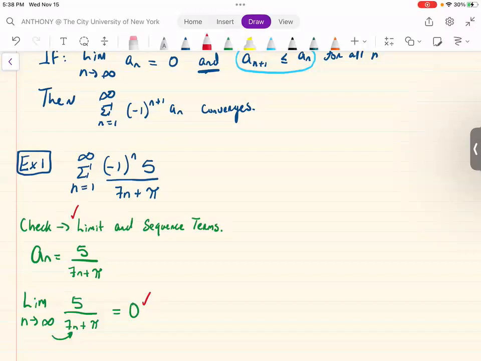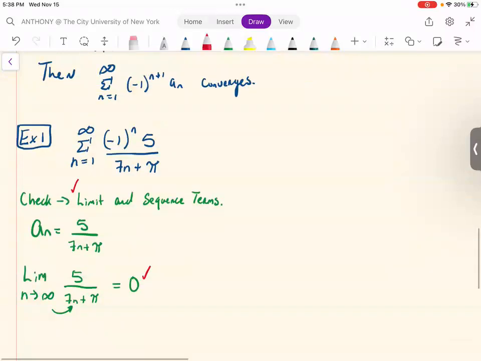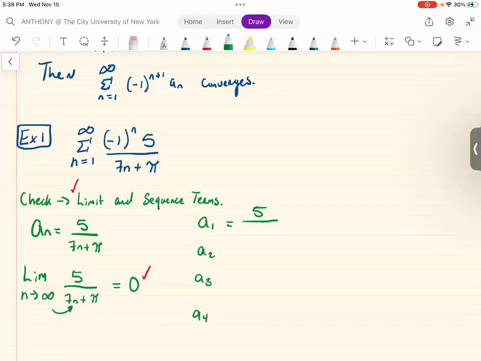So that's good. Now the second thing has to be true, is that when I look at the sequential terms, it must be decreasing. Well, let's write out a couple of the terms. You have a1, a2, a3, a4. So the first term will be 5 over 7 times 1 is 7. So 7 plus pi will give us 7 plus pi.